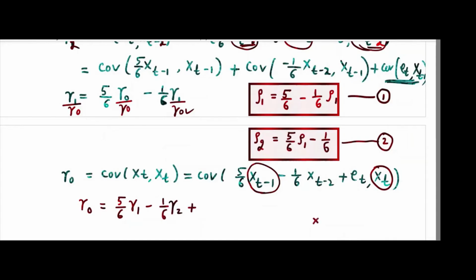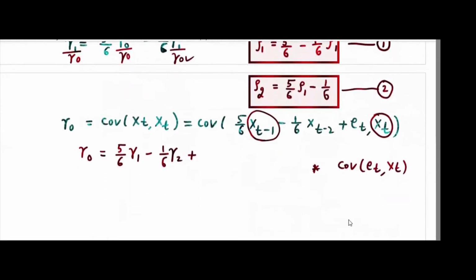So if you find separately covariance of e_t and x_t, you will get it this way. Again, in the right hand side, you can put the value, whatever is given, 5 upon 6 x_t minus 1 minus 1 upon 6 x_t minus 2 plus e_t, or directly you try to establish this value. So this is the standard one.